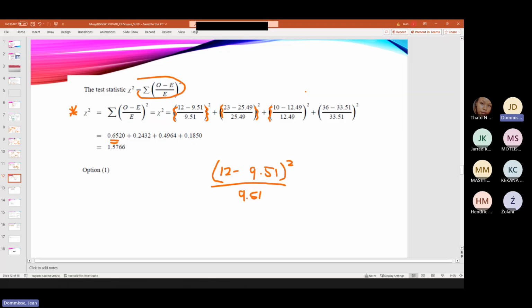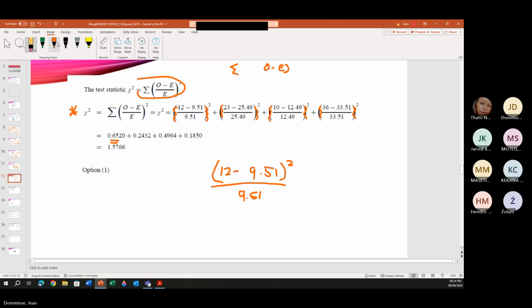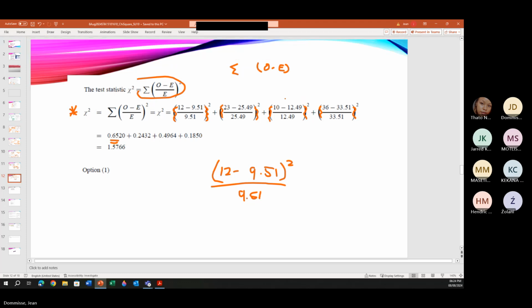So if there are mistakes like this in your study guide, just be aware that the formula we're actually working with is observed minus expected, to the power of 2, divided by expected.